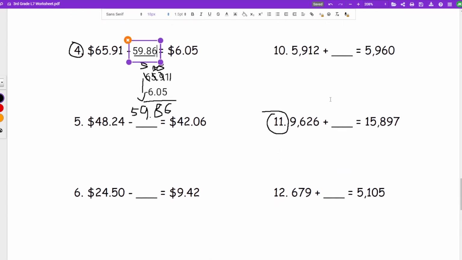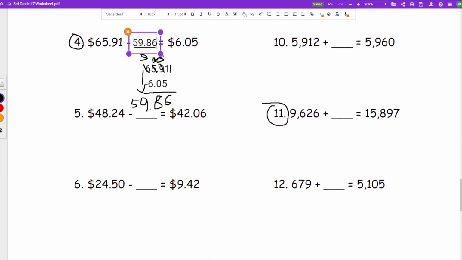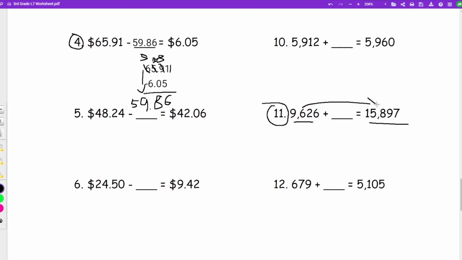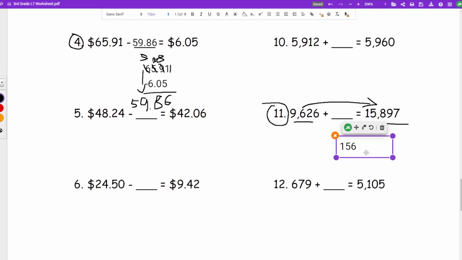Okay, number 11. So I have to subtract the smaller number from the bigger number. So let me write this out. 15,897 minus 9,626.